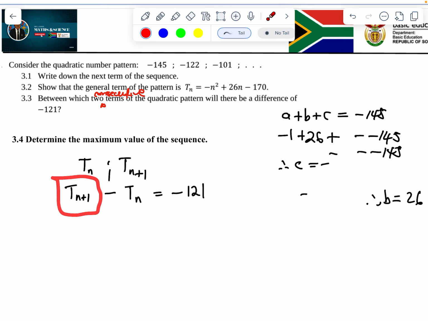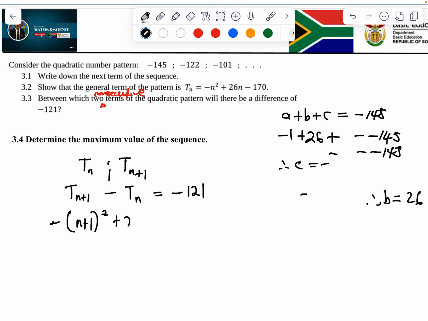Now, remember what this means. Tn plus 1 basically means go to your general term equation, and where there is n, substitute n plus 1, right? So in this case, I'll have minus, where there is n, I put n plus 1 squared plus 26 into n plus 1 minus 170.